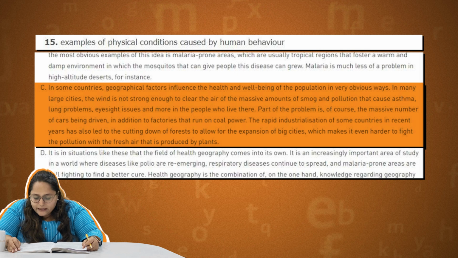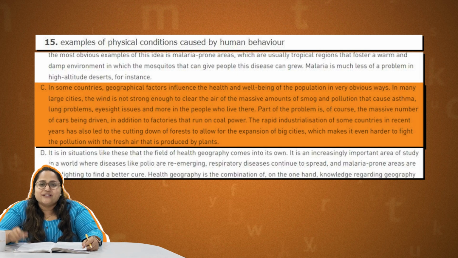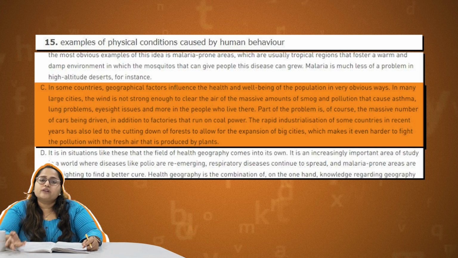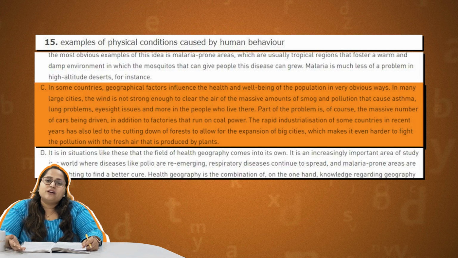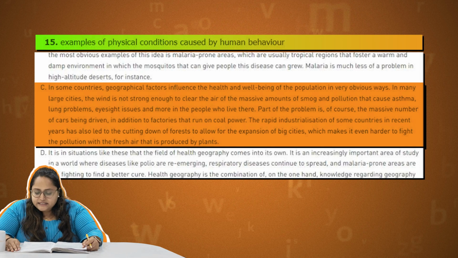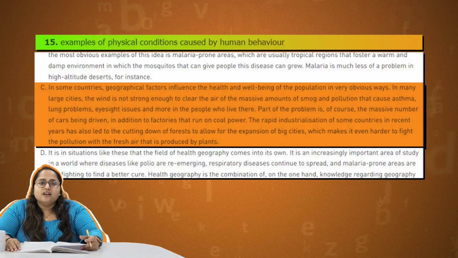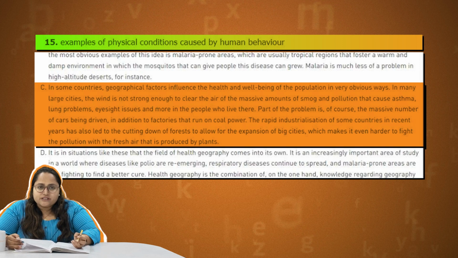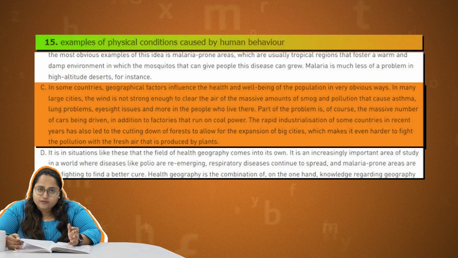Second, if you see examples of physical condition caused by human behavior, here is the catch. Who drives the car? Who runs the company? Who cuts down the tree? All are human behaviors. So the answer is C with the question number 15. So again, you can now eliminate paragraph C since you have got the answer.